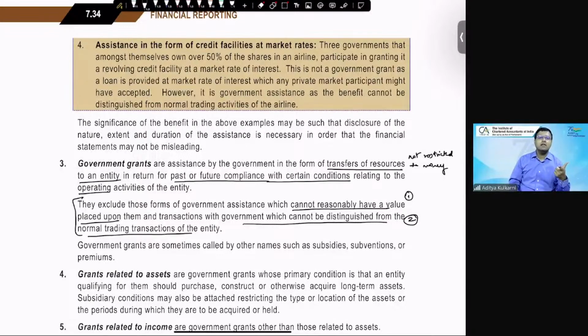And second one, transactions in the ordinary course of business with the government departments, which is in the normal trading activity of the entity. So these are the two things. Okay. There are other names which are used for government grants, such as subsidies, subventions, or premiums. Okay. So this is the overall framework of government grant.